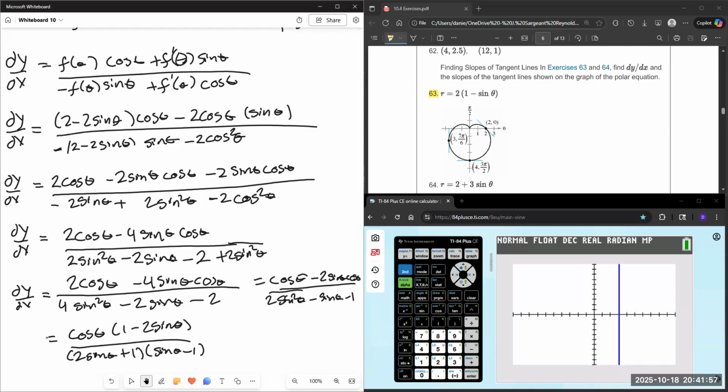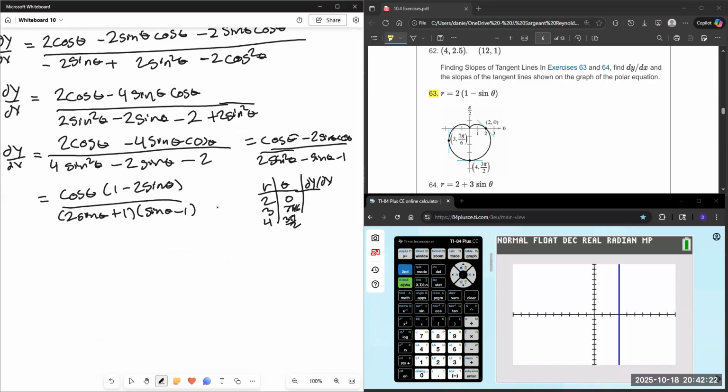So now let's look at those points again. Our r, theta, dy dx that I want to find were 2, 0; 3, 7 pi over 6; and 4, 3 pi over 2. So notice that there is no r left in any of this. For dy dx, I could have used r, but I didn't.